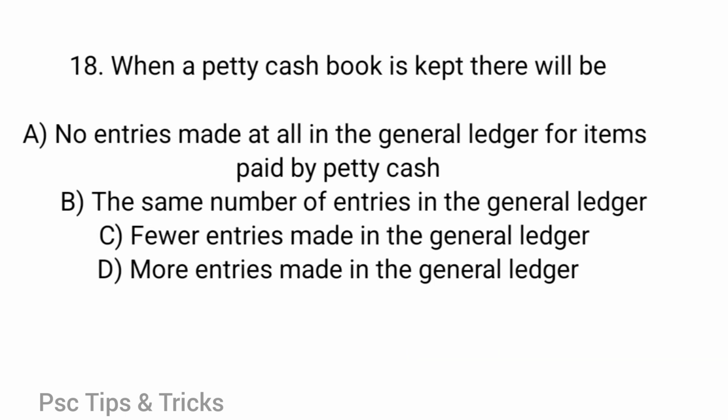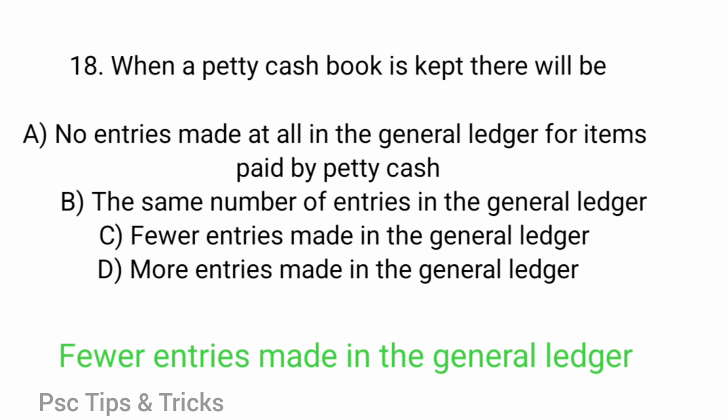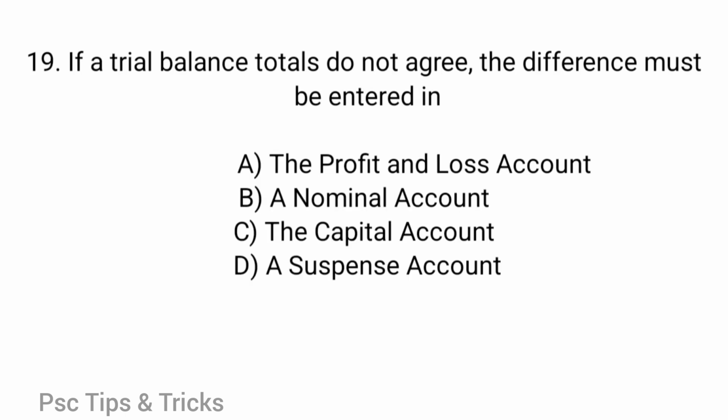When a petty cash book is kept, there will be options: no entries made at all in the general ledger for items paid by petty cash, the same number of entries in the general ledger, fewer entries made in the general ledger, more entries made in the general ledger. Fewer entries made in the general ledger. If a trial balance totals do not agree, the difference must be entered in the profit and loss account, a nominal account, the capital account, a suspense account.